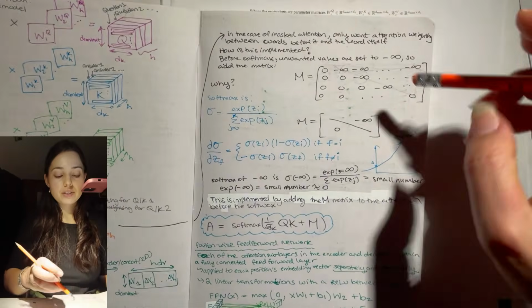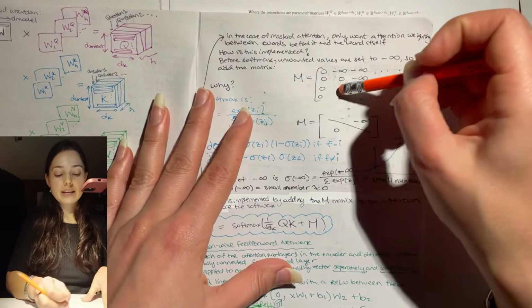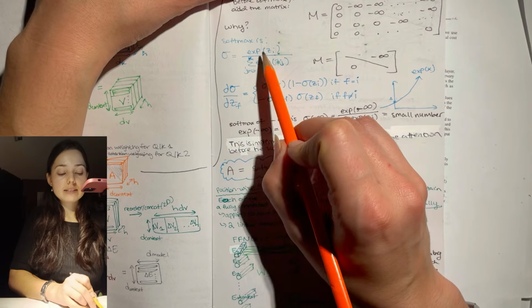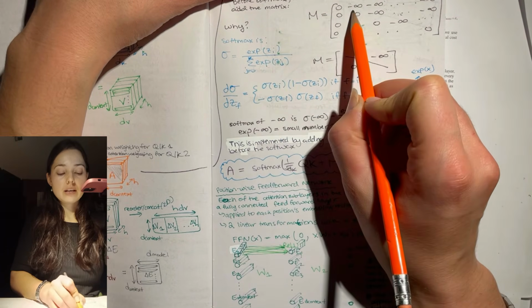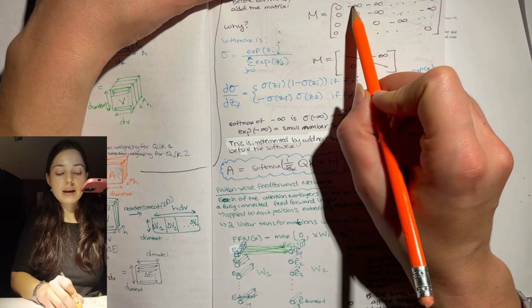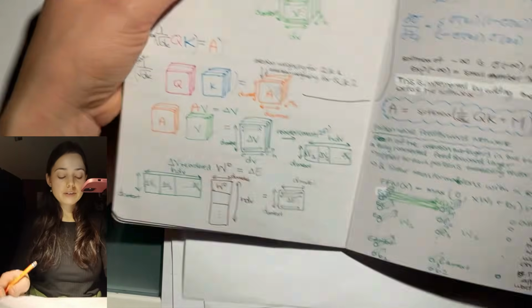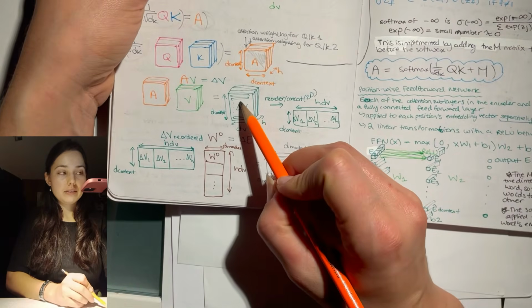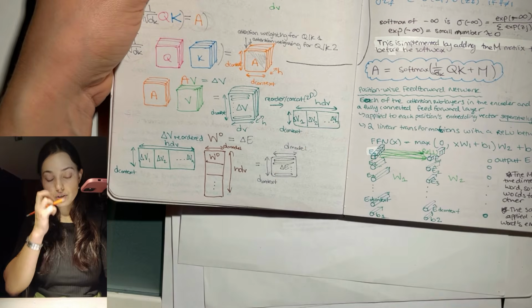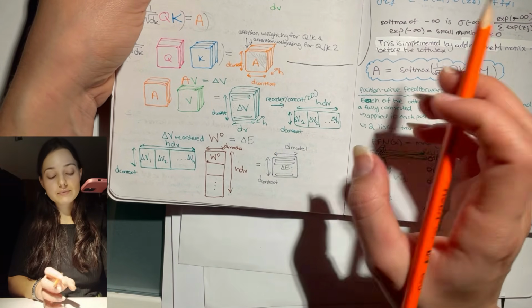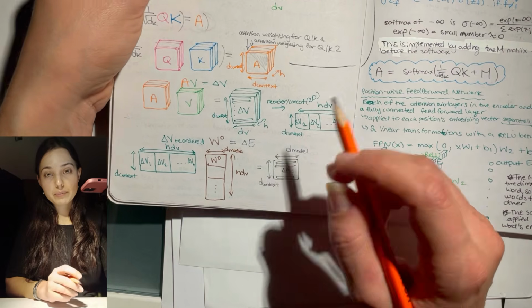So we add the negative infinities. Why? Because when we apply the softmax, the exponent of negative infinity goes to 0. So the softmax for this part will be 0, and if it's 0, the V transformation will also go to 0 at that spot. So no transformation will be applied.